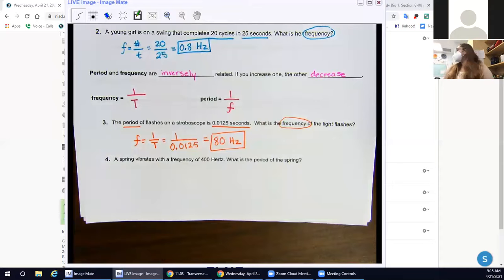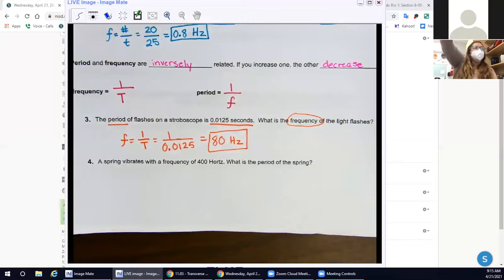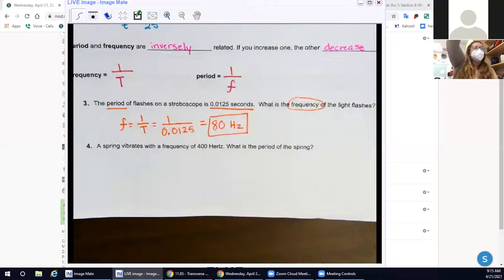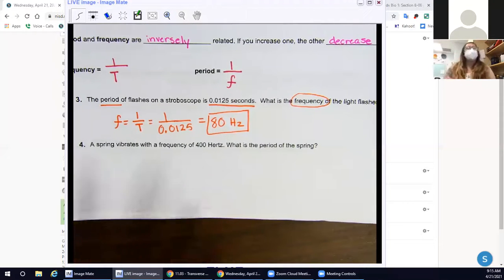All right, let's see if you can get the next one on your own. I'll zoom in a little bit so y'all can read it more. A spring vibrates with a frequency of 400 hertz. What is the period of the spring?